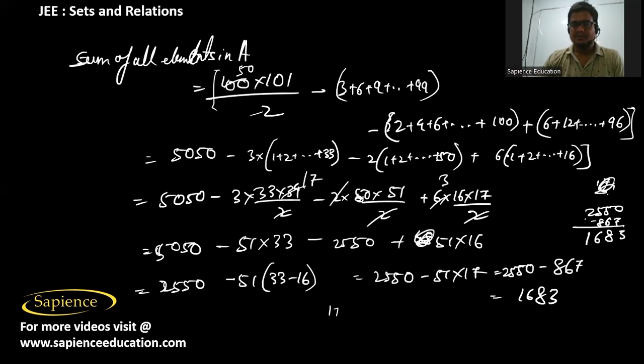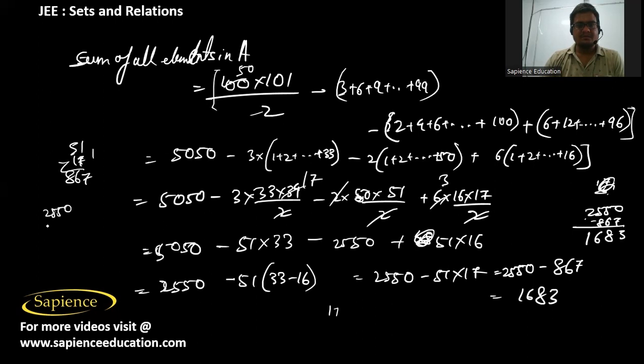Which is 6 into 16 into 17 by 2. So 2 3s are 6. 51 into 17, that is 17 5s are 85, so 867.